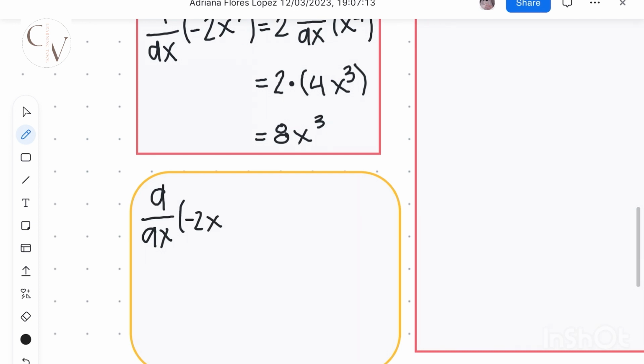So the first thing we're going to make in the second step would be to copy all our function for us to have a clue of what we're going to be making next.